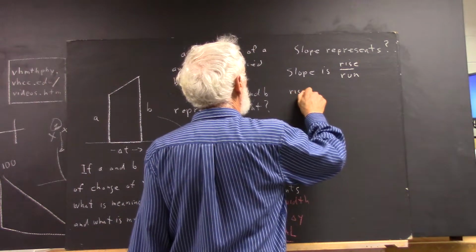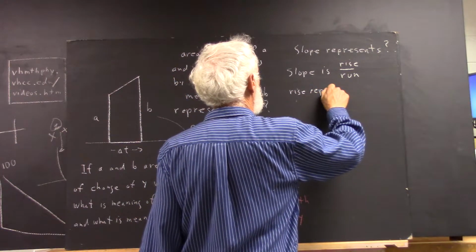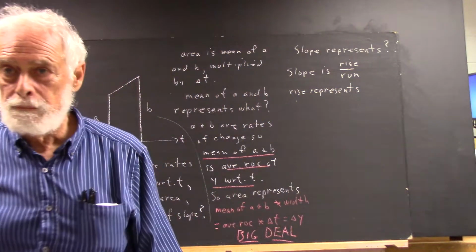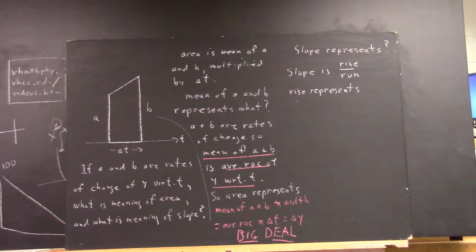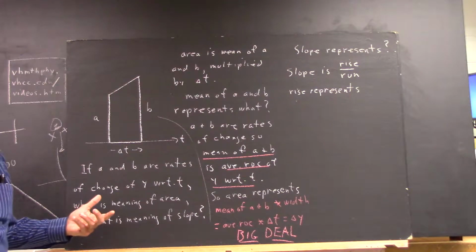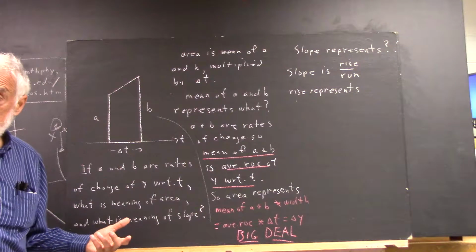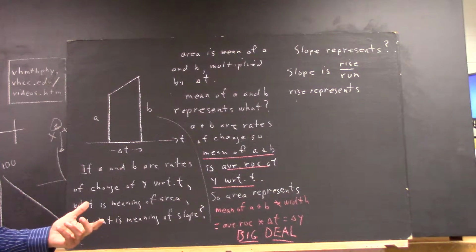What does the rise represent? Would it be A and B? It has to do with A and B. So how would you calculate the rise? The rise would be the amount it goes up on the vertical axis.